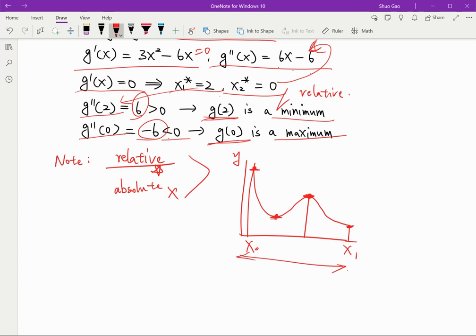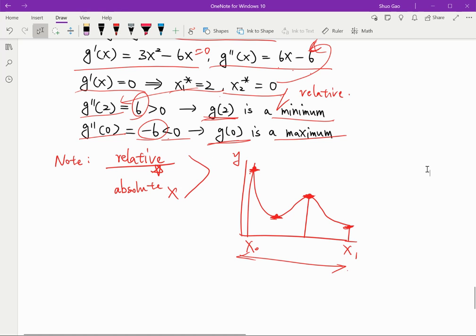We have 2 stationary points, but we also have 2 endpoints, so any one of them can be a candidate for absolute minimum or absolute maximum. So when we find a relative maximum, we have to compare it to both endpoints to see if it's larger than both of them, to determine whether it's just a relative maximum or the absolute maximum.